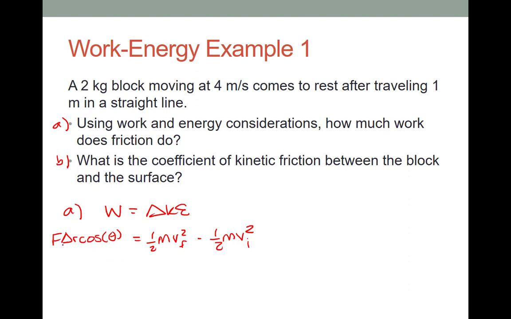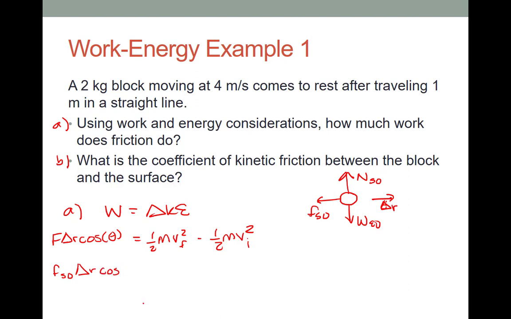Okay, well, the force in this case is the force of friction. And if we think about the forces acting on our object, we're going to have some sort of normal force between the surface and the object. We will have the object's weight, and we will have friction acting in the opposite direction from the displacement. So this force will be friction. We're given delta R. We're told it travels 1 meter, so we know that.